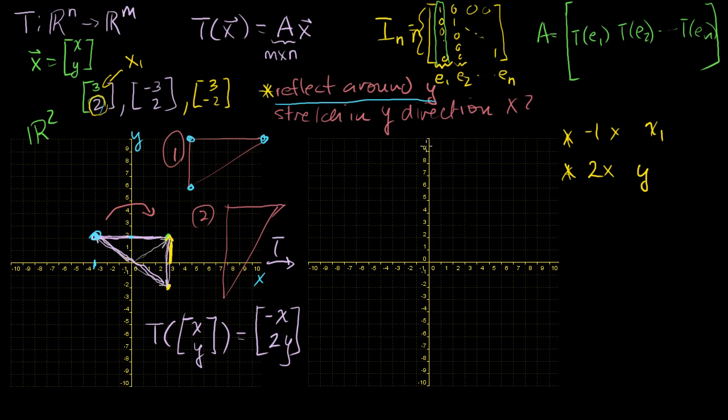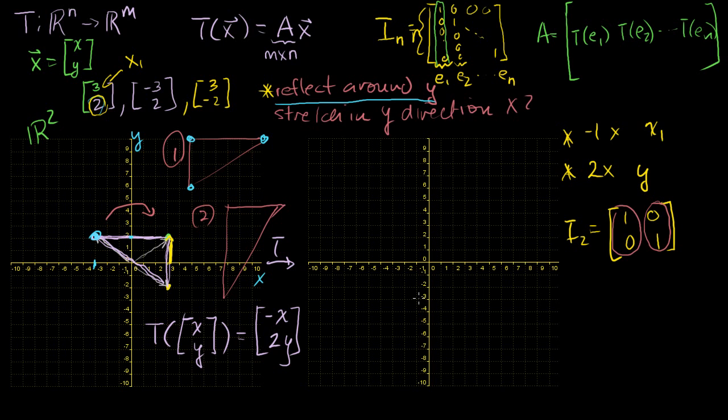So what you do is, we're dealing in R2, so you start off with the identity matrix in R2, which is just 1, 0, 0, 1. And you apply this transformation to each of the columns of that identity matrix.